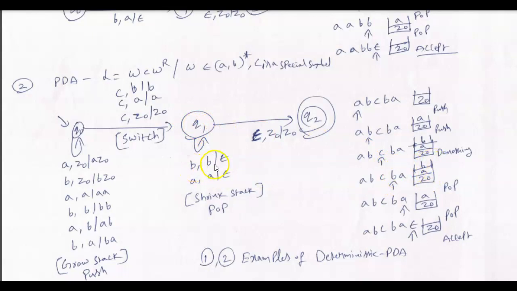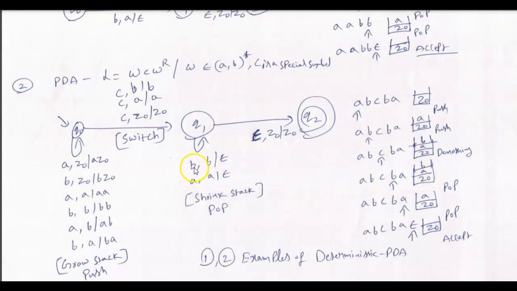For B, B epsilon. For A, A epsilon. A very important point here is that we have reversed. Whatever push operations we have done, we reverse them. For input symbol B, the top of the stack should be B. For input symbol A, the top of the stack symbol should be A. Only then is the string accepted.